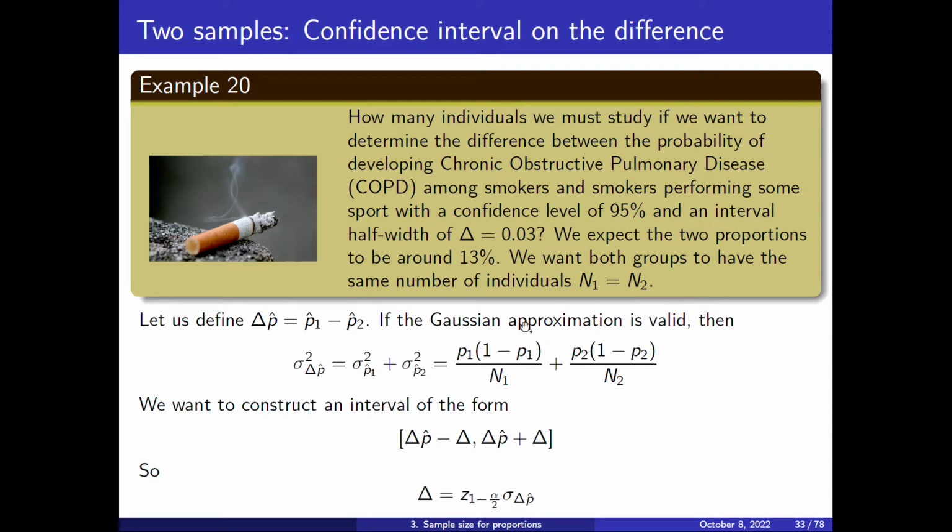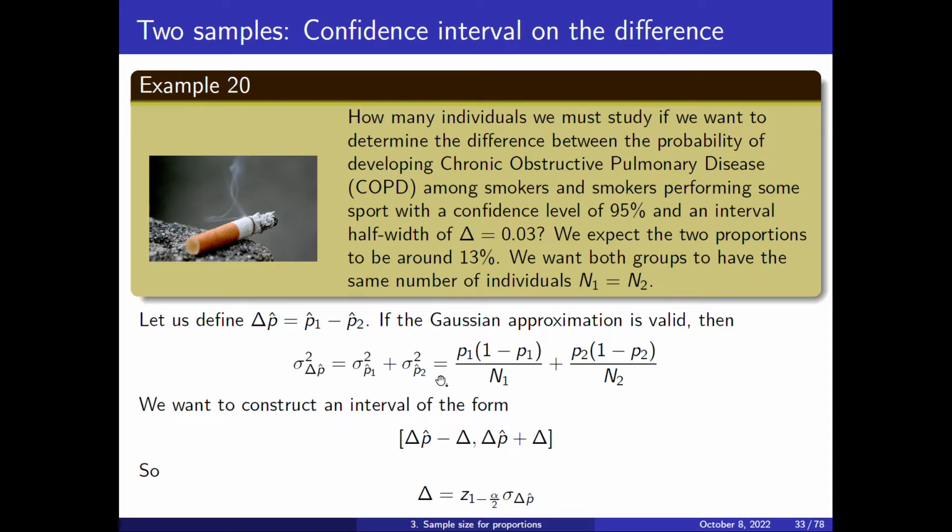The Gaussian approximation is valid when P1 times N1 is larger than 5 and (1 minus P1) times N1 is larger than 5, and the same for the second group.